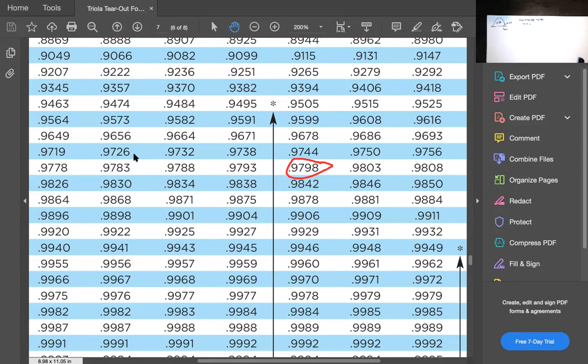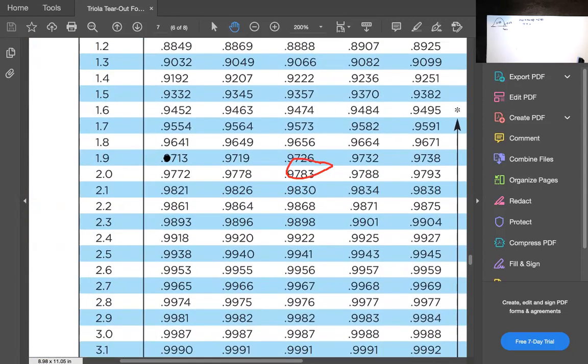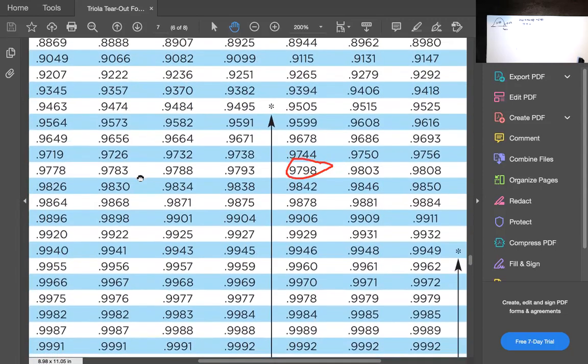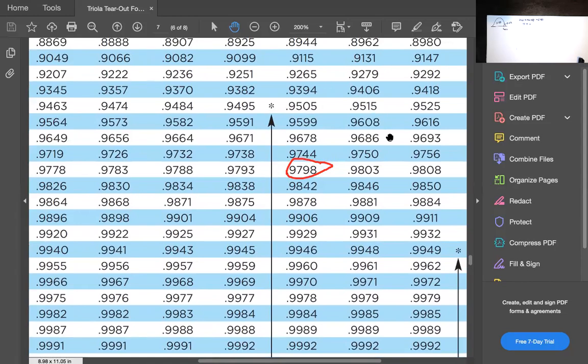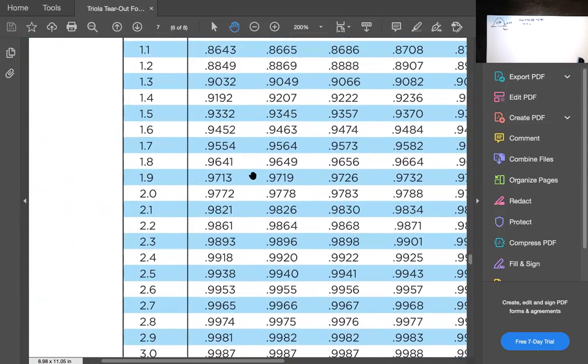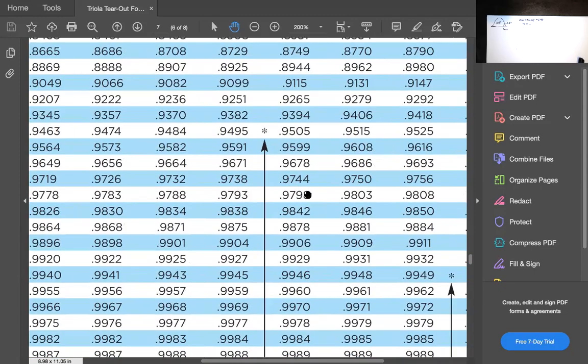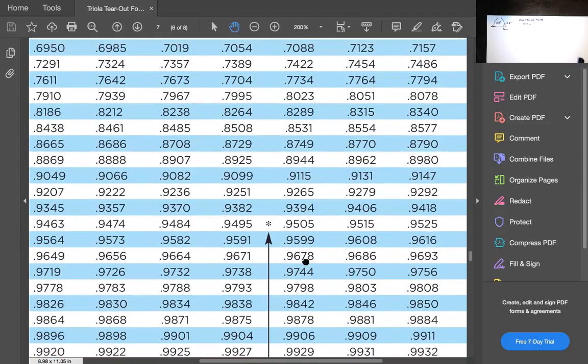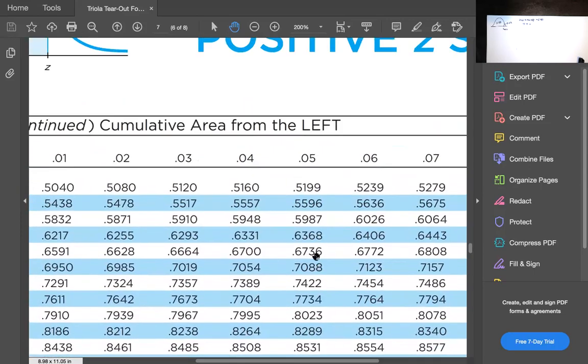Now I just need to find the z-score that goes with that. So I'm in this row, z equals 2 point something, and then we're in this column, 2.05.